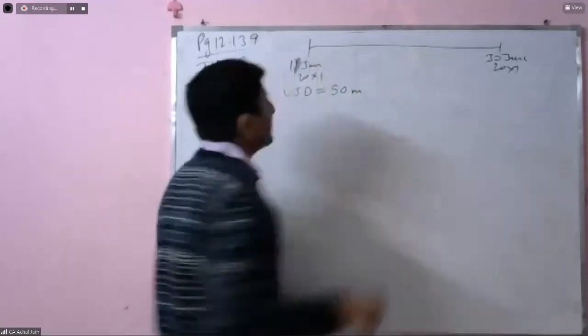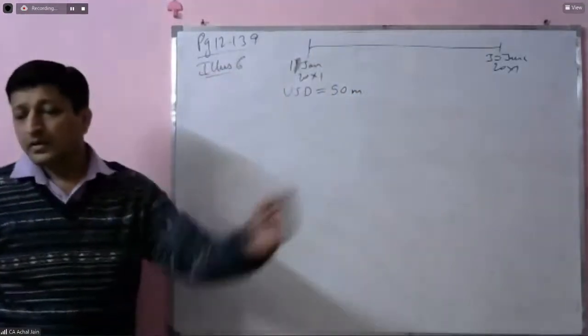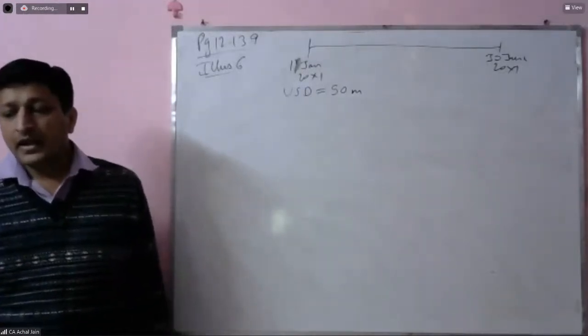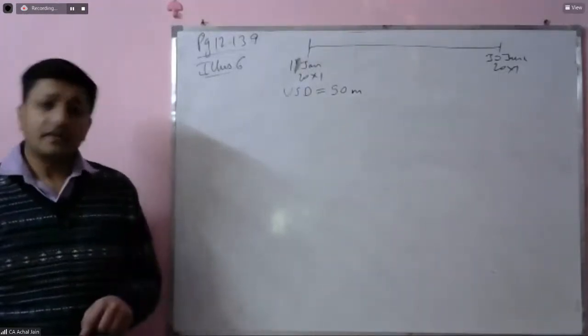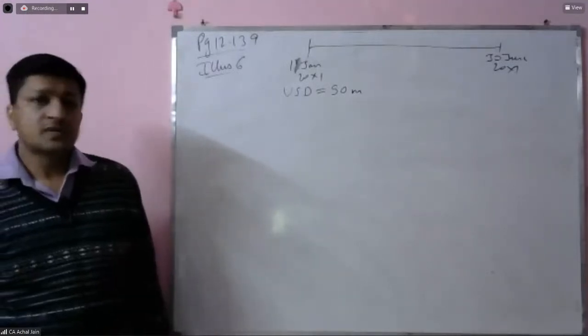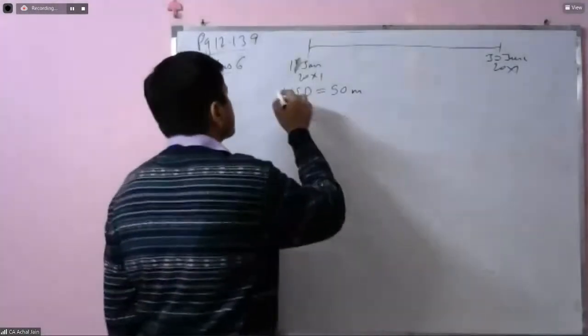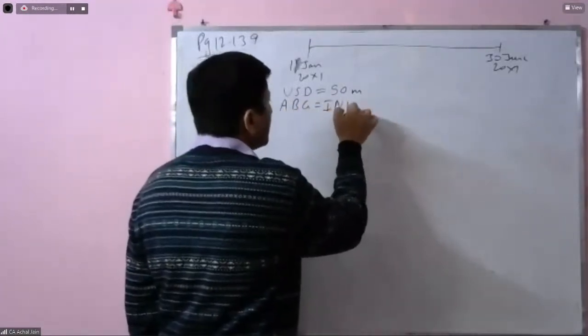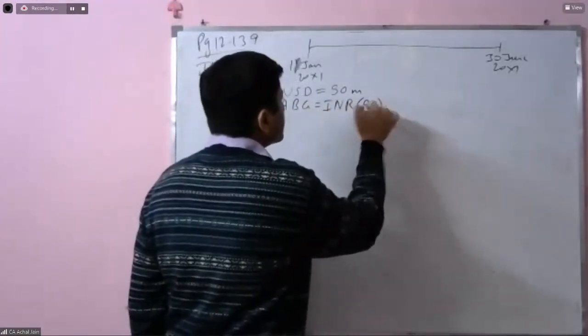The functional currency of ABG is INR, and of the supplier A&A is dirhams. For ABG, it's INR as the functional currency.